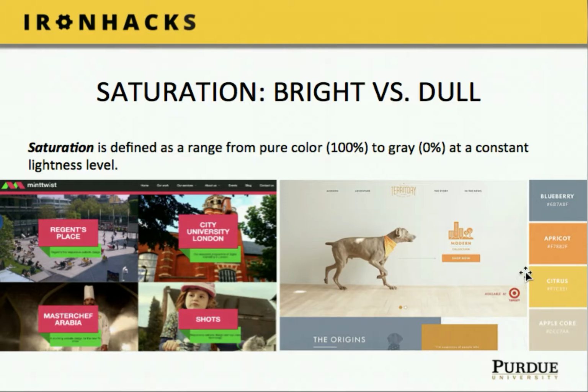On the contrary, here we have a website that uses very dull colors. So while pure colors are fully saturated and vivid, dull colors have a washed out effect, but they are often perceived as being softer, nicer to the touch, whereas the high vibrancy of colors is very good for attracting attention and conveying energy.